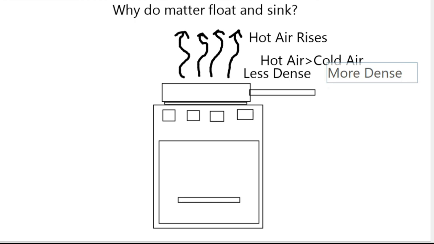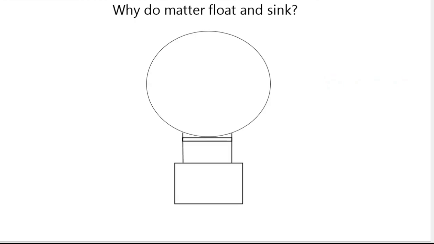So what if the physics is different? What if the cold air were less dense than the hot air? What would happen? Okay, now we're going to explain why a hot air balloon floats. The concept earlier connects to this one. We heat up the air, and the hot air goes inside this big balloon.